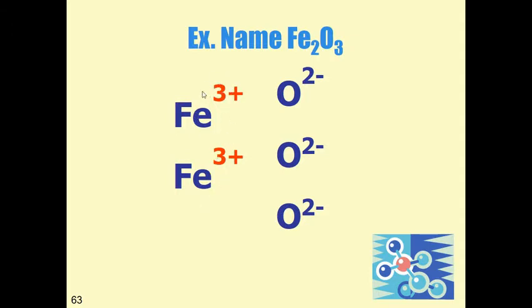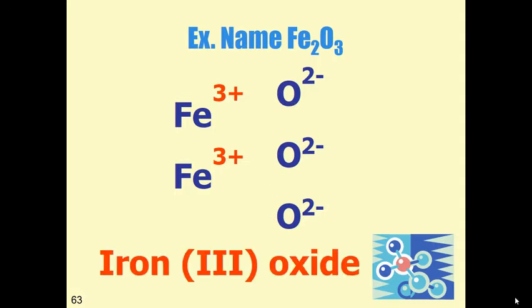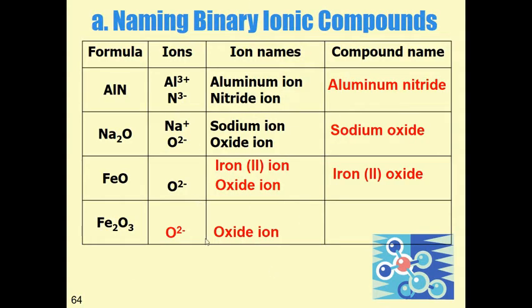It's got a charge of 3, so we're going to call it iron 3. The next thing you do is name the non-metal second, that's oxygen, and change the ending to "ide." So this guy is iron 3 oxide. Going back to our little table, we said this was iron 3, and we put the iron 3 with the oxide, which becomes iron 3 oxide.